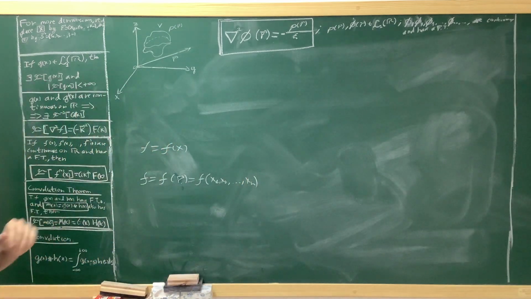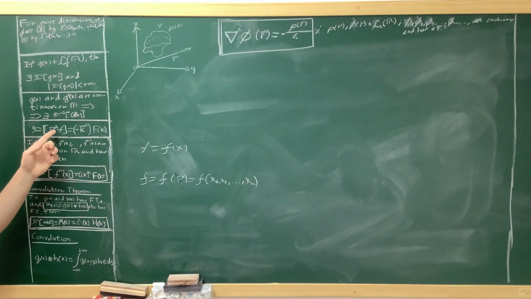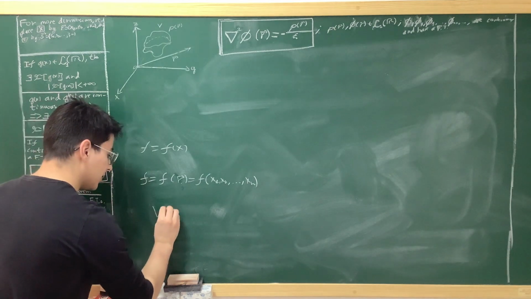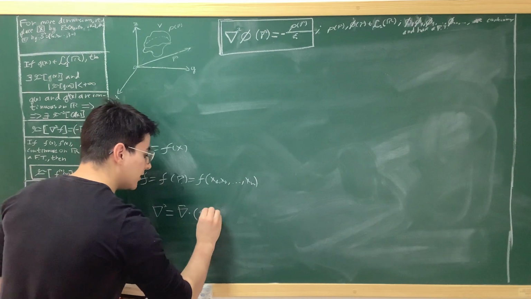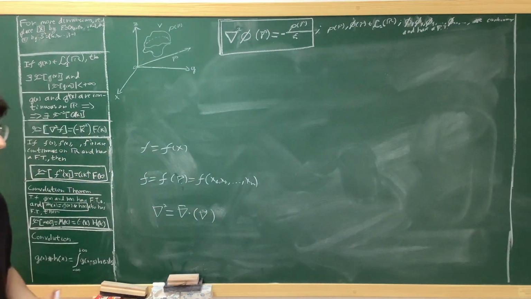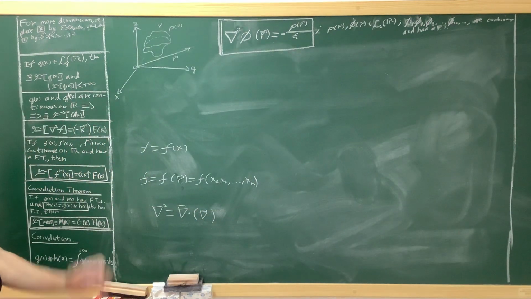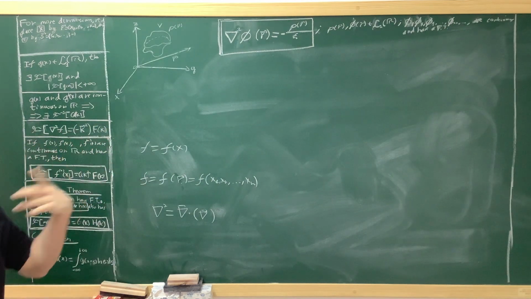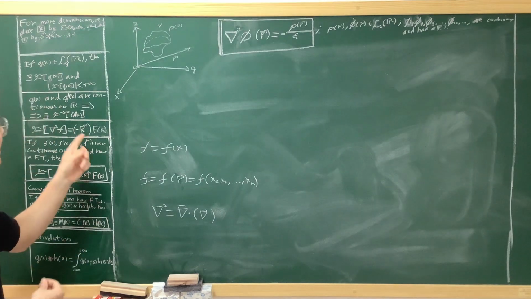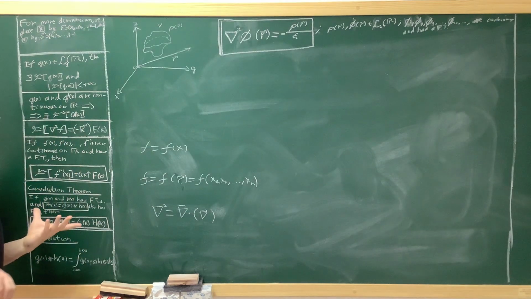In that case, the Fourier transform of the Laplacian, remember that the Laplacian is the divergence of the gradient of a function, and it is a scalar, is equal to minus k squared times the Fourier transform of f. And what is this notation? What is a vector squared?